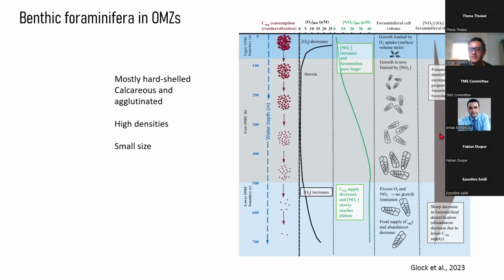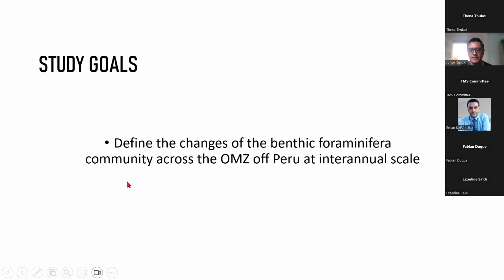So the nitrification becomes intense toward the lower part, from the core to the lower limit of the OMC, and below the OMC it begins to decrease again because there's no more oxygen limitation here. So thanks to the nitrification and other adaptations, foraminifera can thrive in these sediments that are very extreme.